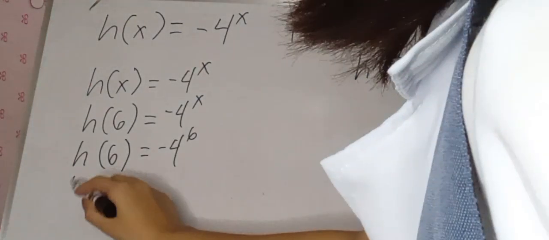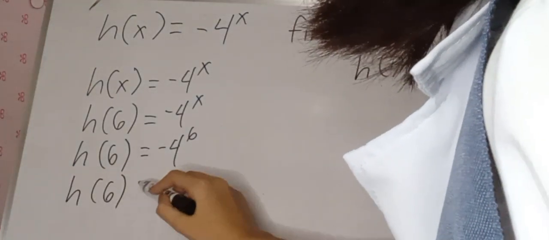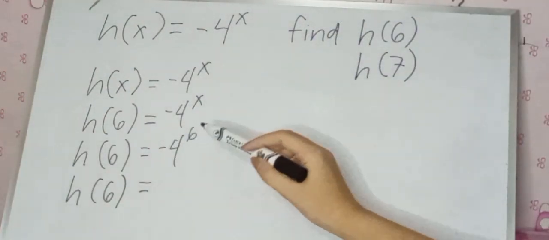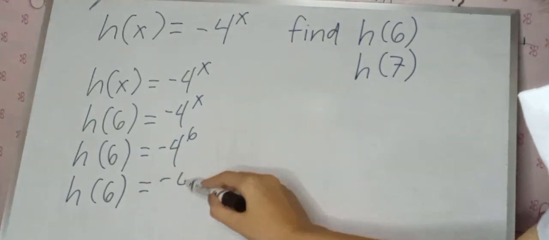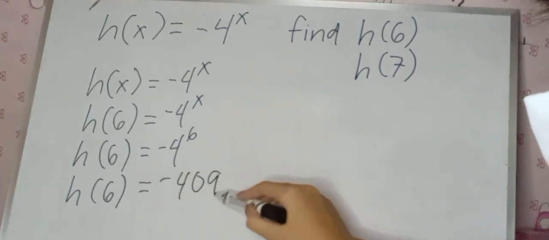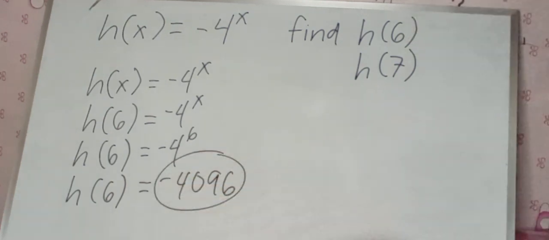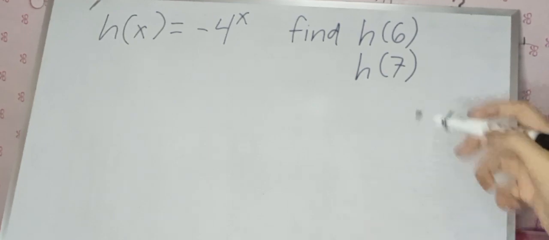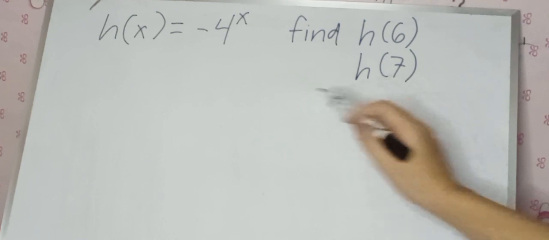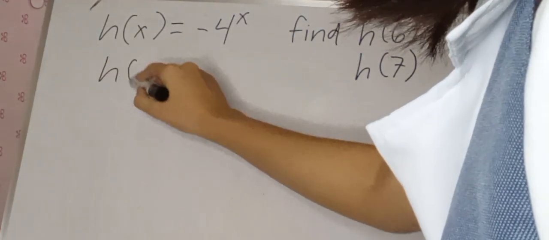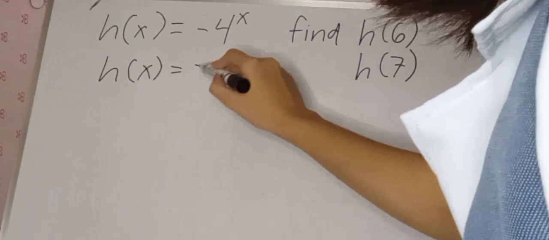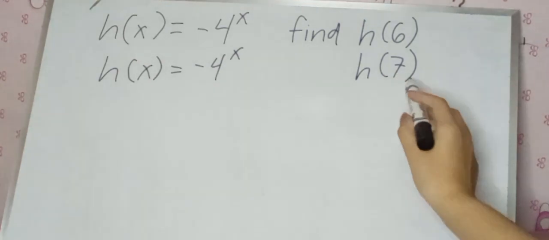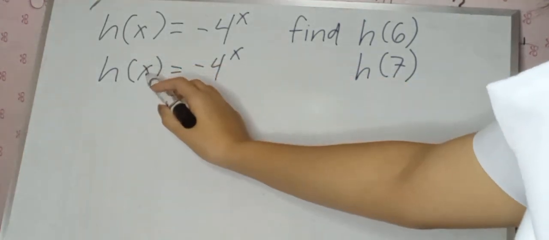Now, yung final naman h(6) is negative 4 raised to 6 is equals to negative 4096. Final answer. Next example, ang sunod natin hahanapin is yung h(7). So, kagaya kanina, h(x) is equals to negative 4^x. Now, ang hahanapin natin is yung 7. So, ang 7 naman ang ilalagay natin dito.